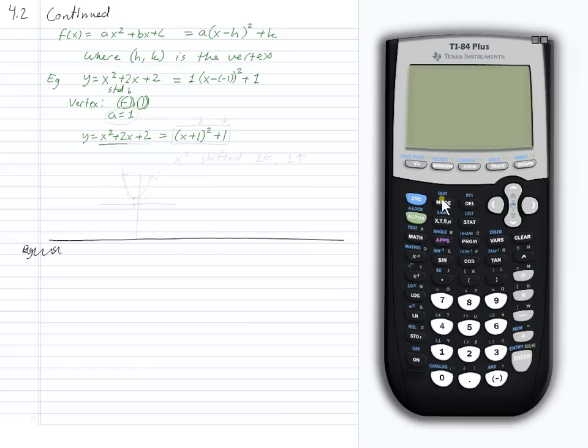Now, viewing this parabola, we now have all of the tools to figure out what the graph of this looks like by finding the vertex, determining concavity, using the axis of symmetry to fill in the details. But we've been able to graph something like this since chapter 3. This is going to be x squared shifted 1 unit to the left and 1 unit up.